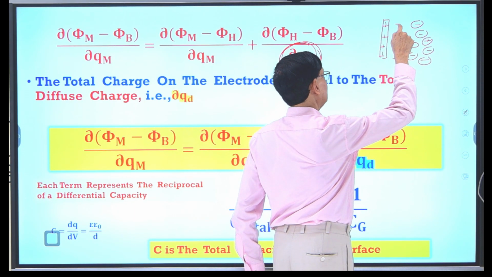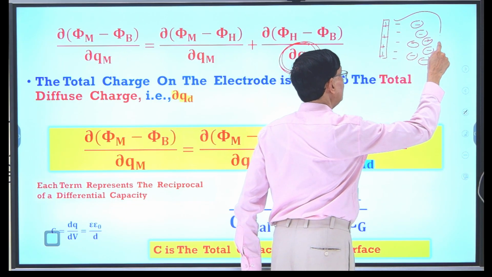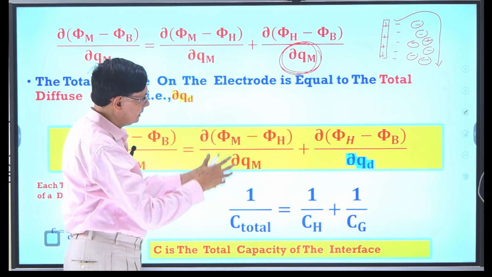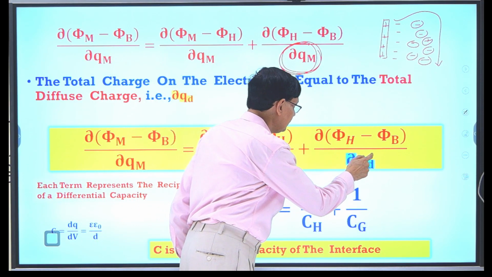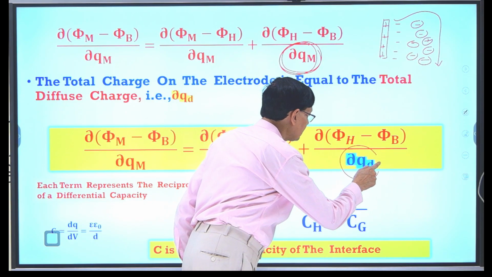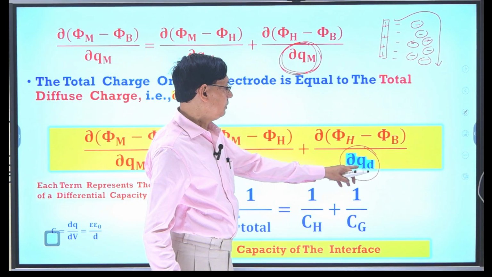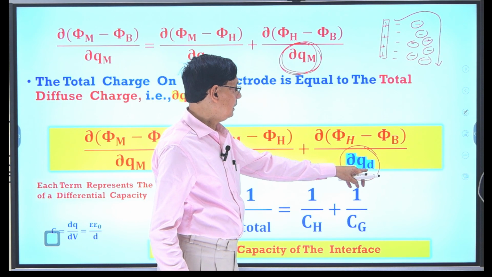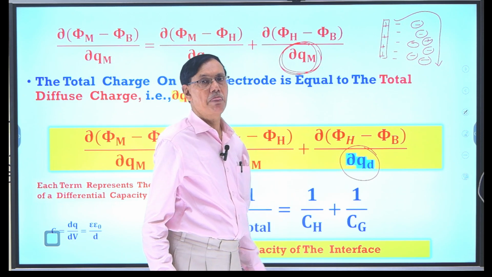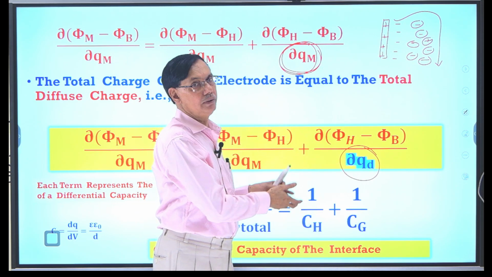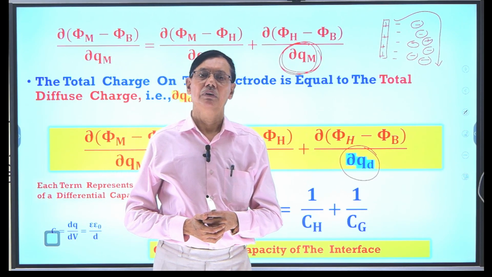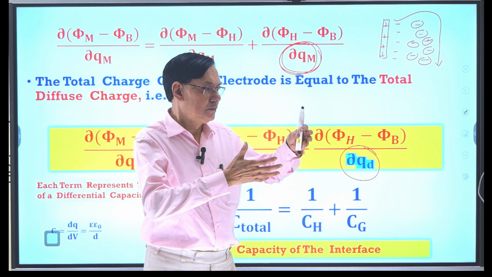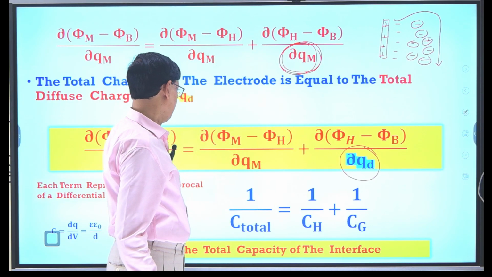So if I want to calculate, it depends upon the total diffuse charge. Therefore, in the third part I have written here, in place of the charge of the metal, I replaced the total diffuse charge. And I have taken this derivation, as I have already confessed, from the book of Bockris and Reddy. They are just following that. Maybe some notation may be changed.